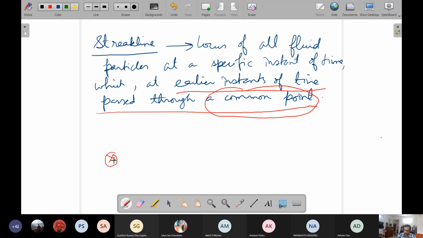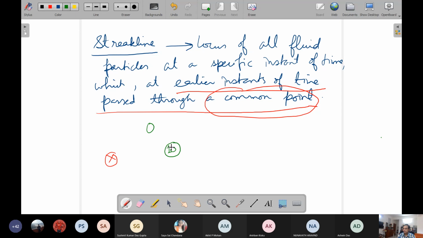Whatever passed through this at time equal to 0, say that is here. Whatever passed through this at time equal to 10 seconds, say it is now here. So the green colors are now where they are now.